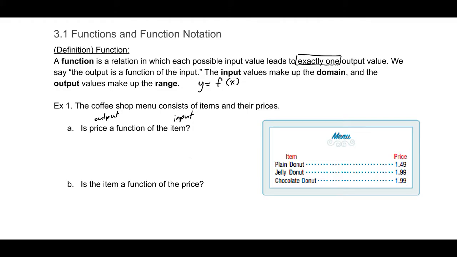If we look at each one of those, plain donuts, $1.49, they have their own price. Jelly donuts have their own price. Chocolate donuts have their own price. So yes. Every item has a unique price.